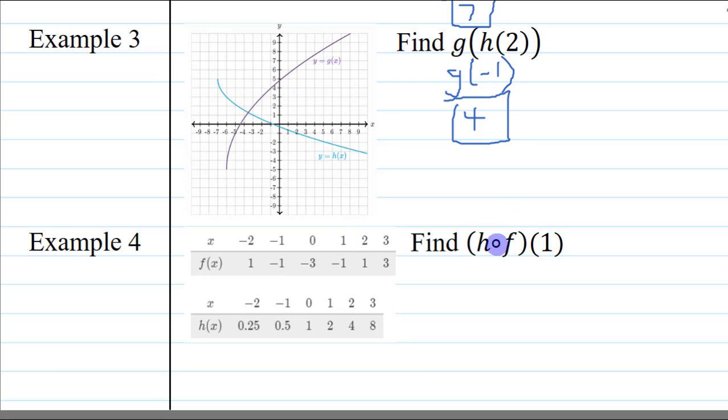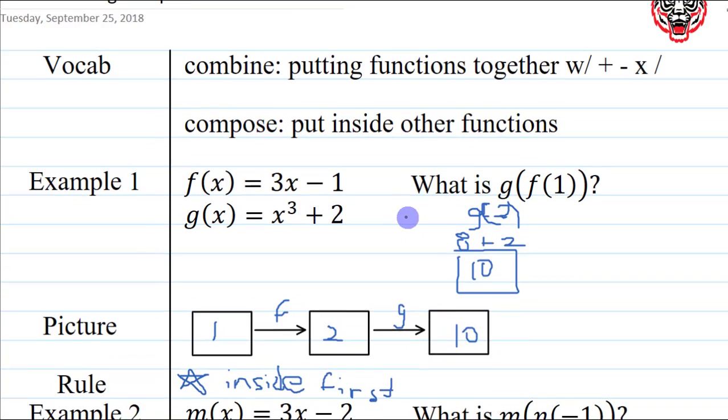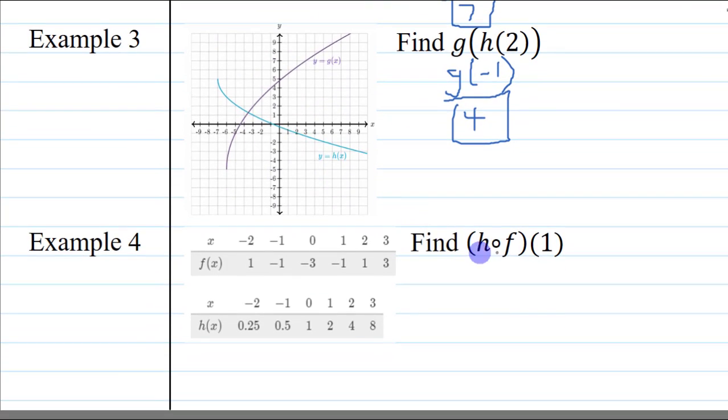Okay, so this is another way of writing a composite function. I did not write it up here, but this I read as h composed with f. So can we write that down also? h composed with f. Oh my gosh, mice are so hard to write with.